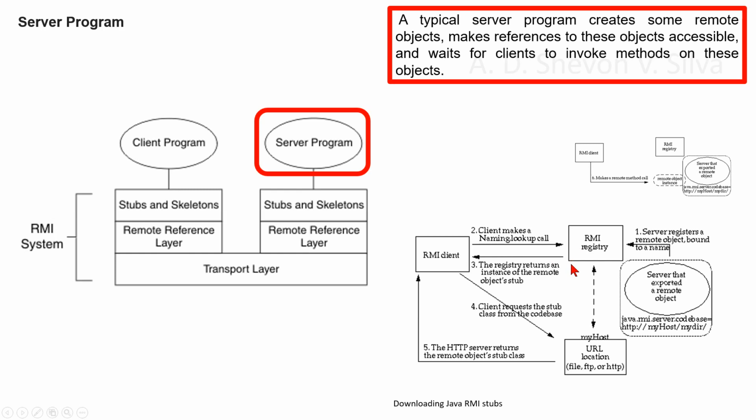Step 3, the Java RMI registry returns a reference, a stub instance, to the requested class.